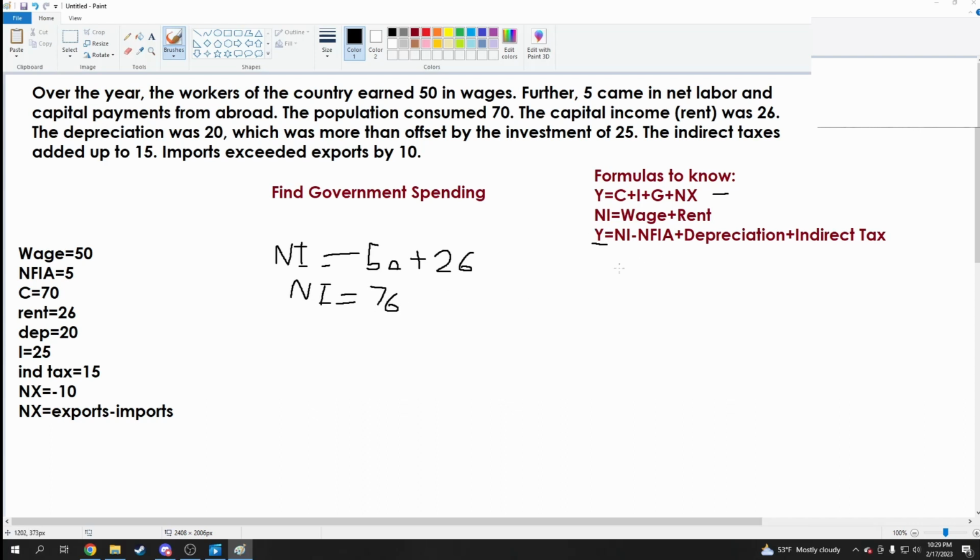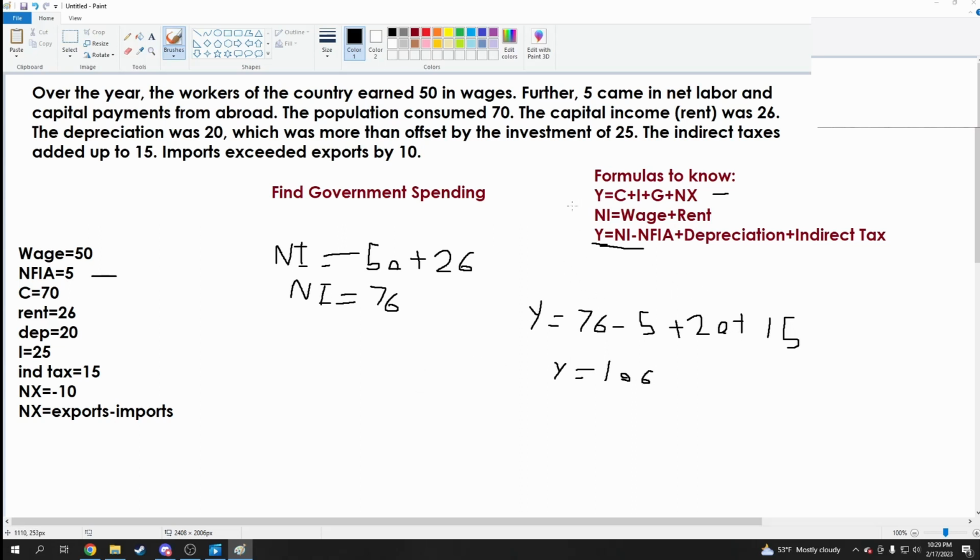And now we could plug it into this formula right here in order to find Y. So we have Y equals 76 minus NFIA, which was given as 5, plus depreciation, which was 20, plus indirect tax, which is 15. So now you have to put these together, and that gives us Y equals 106.